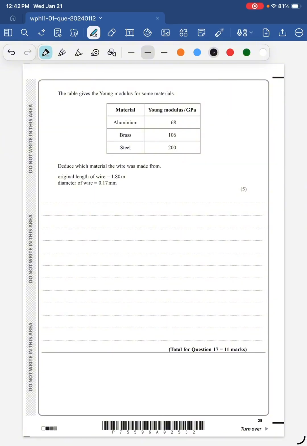Okay, so Young's modulus is given by stress over strain, right? Stress is force per cross section, and strain is the change in length over the length. Okay, so delta x is equal to length over cross section over Young's modulus times the force.